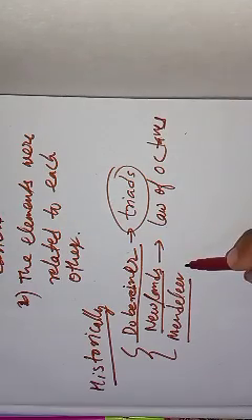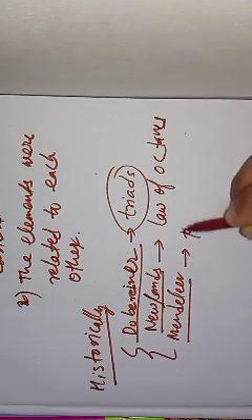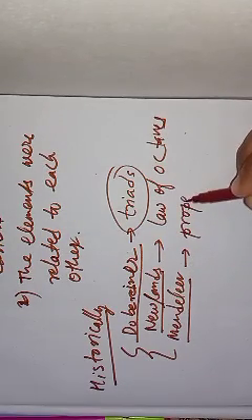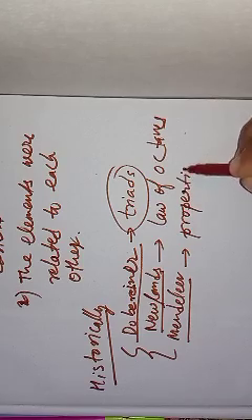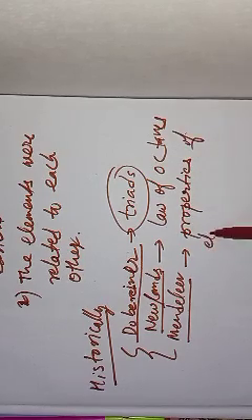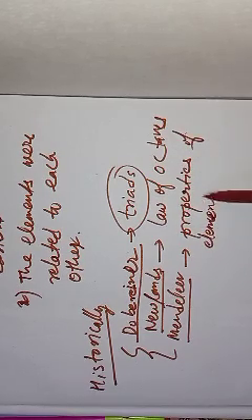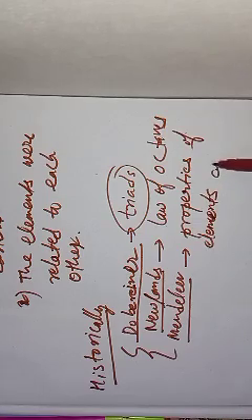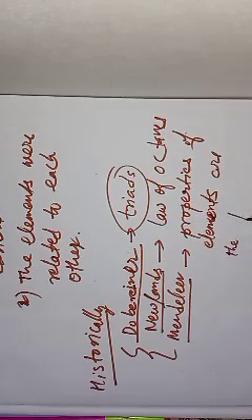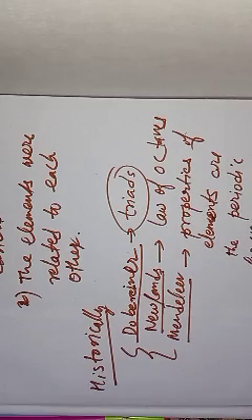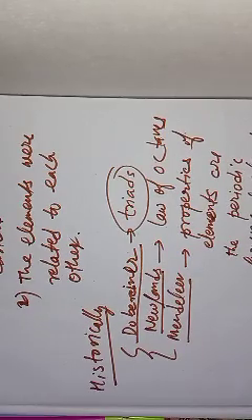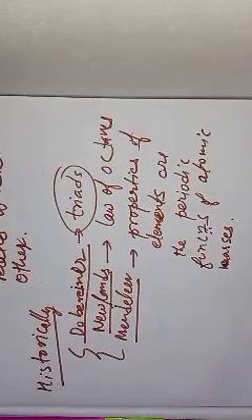And Mendeleev said that the properties, that is the chemical and the physical properties of elements, are periodic functions of atomic masses. Now there is a difference between atomic masses and atomic numbers, which all of you know.